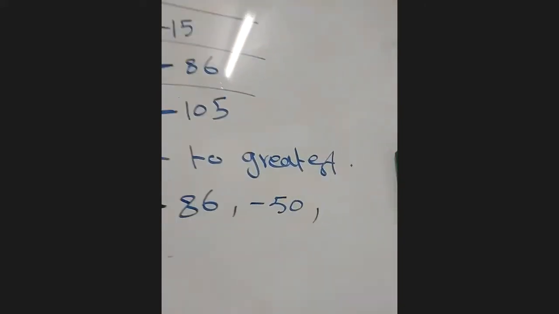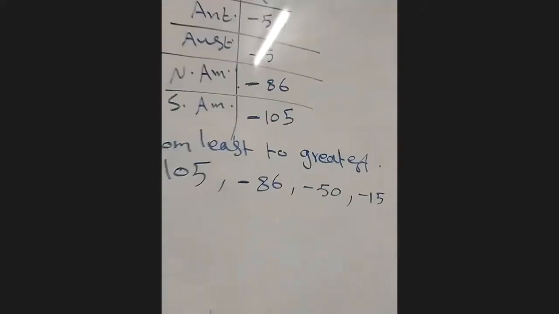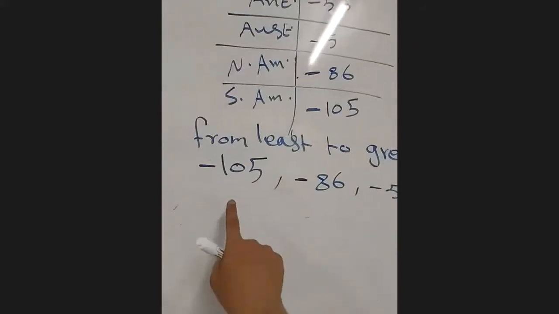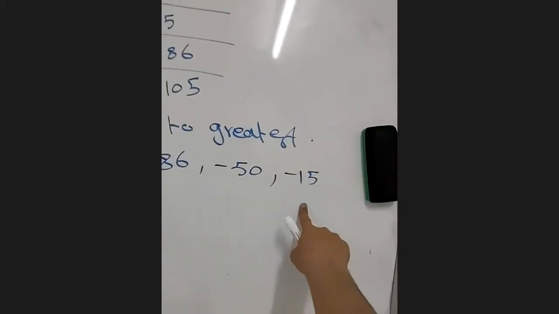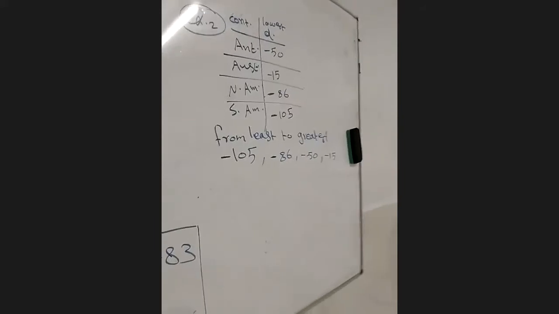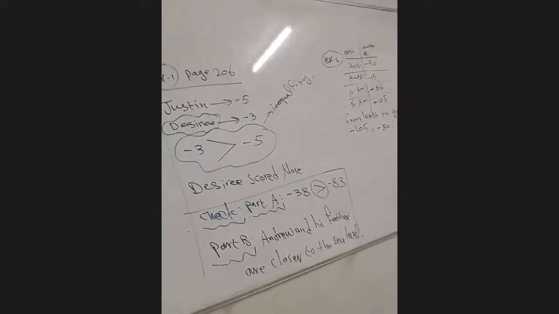And the greatest number is -15. So in the negative part, guys, we always do the opposite. This one is the least, then this one, then this one, and -15 is the greatest number of them. But we order them from least to greatest. Then what do we want to do?